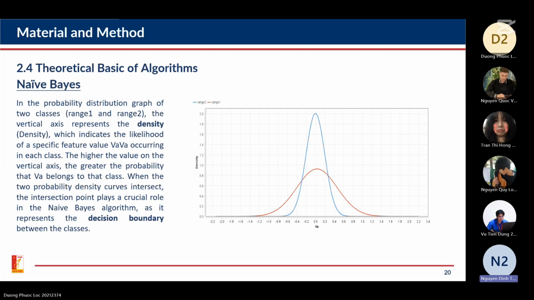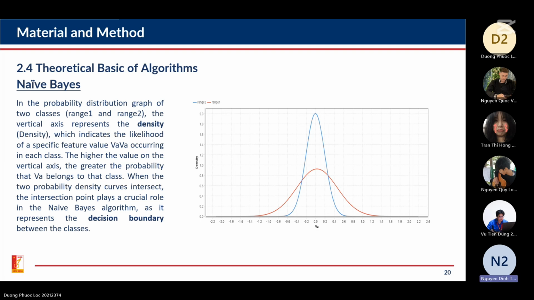The higher the value on the vertical axis, the greater the probability that the voltage of VA belongs to that class. When the two probability density curves intersect, the intersection point plays a crucial role in the naive Bayes algorithm, as it represents the decision boundary between the classes.